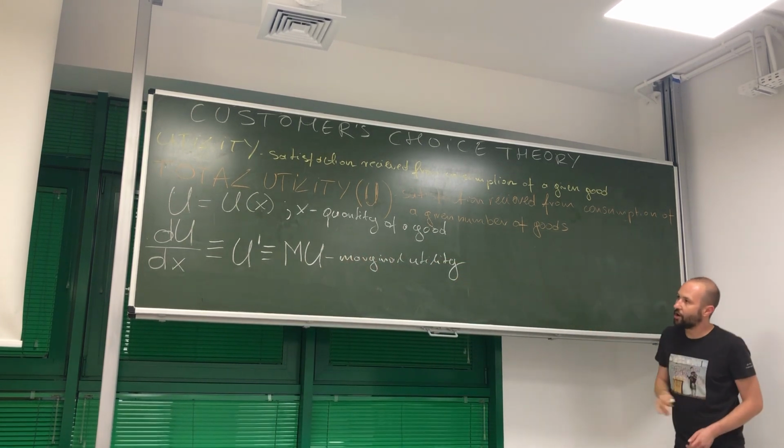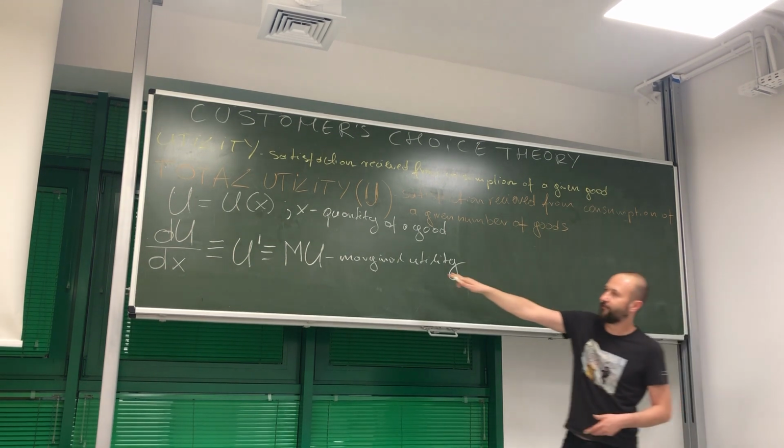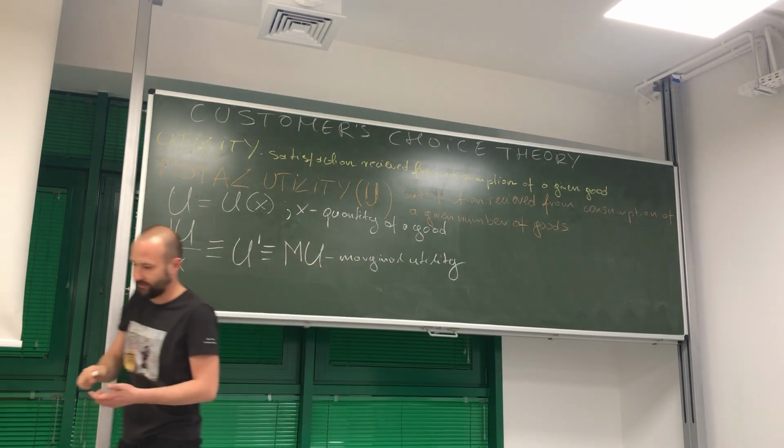Okay, so we know that marginal utility is calculated as the first derivative of the total utility function.